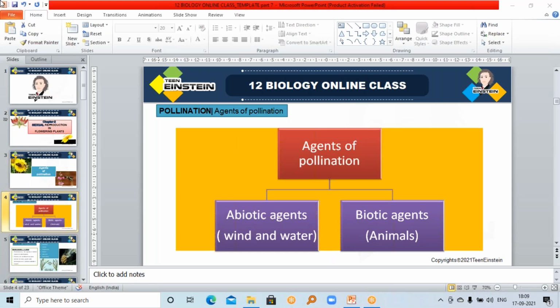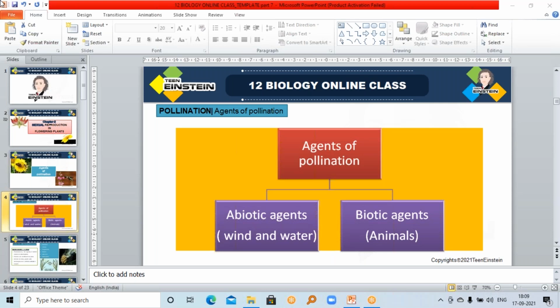Got it? So in this type, the number of ovules will be less, but the pollen grains are more, because if one pollen grain reaches near the ovule, fertilization will take place, right? But the pollen grain should reach. That is where the chance comes in. If there are 1,000 pollen grains, it's sure that any one will reach near the ovule, right?